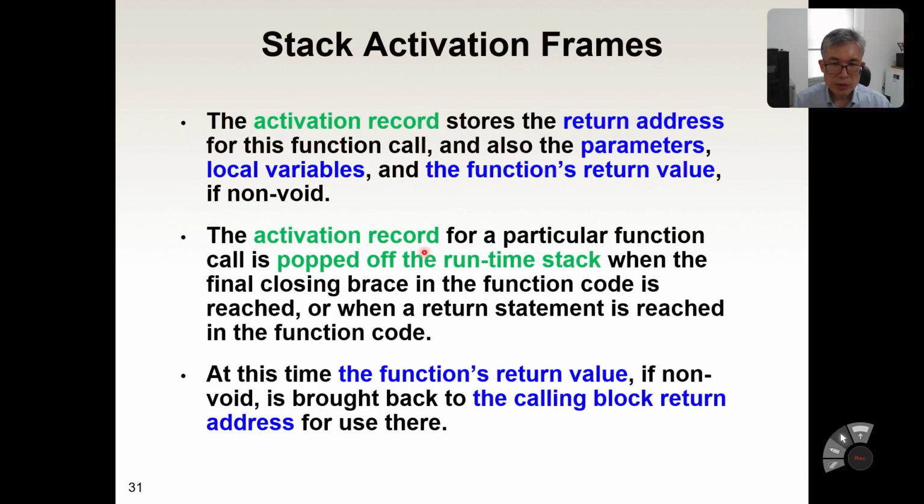The activation record for a particular function call is popped off the runtime stack when the final closing brace in the function code is reached, or when a return statement is reached. At this time, the function's return value, if a non-void return type, is brought back to the calling block's return address for use there.